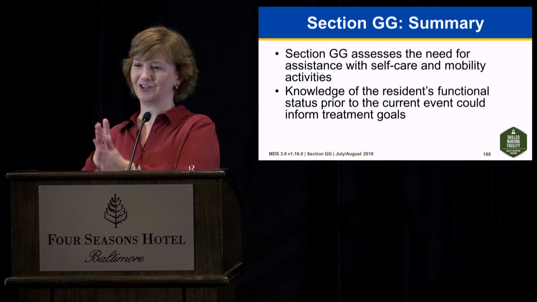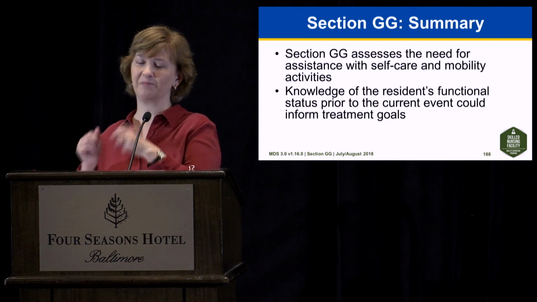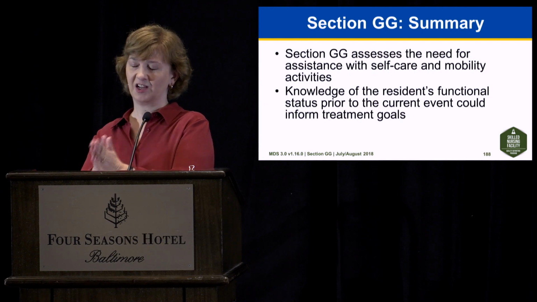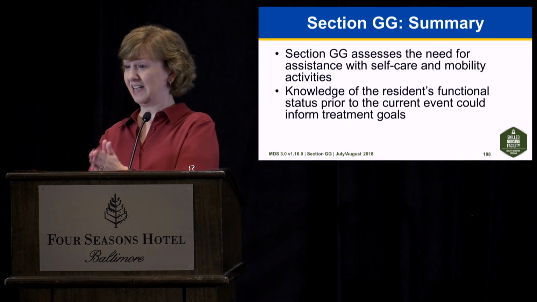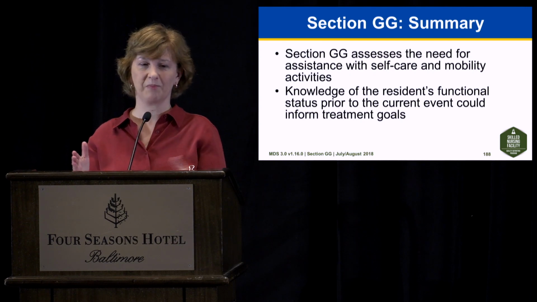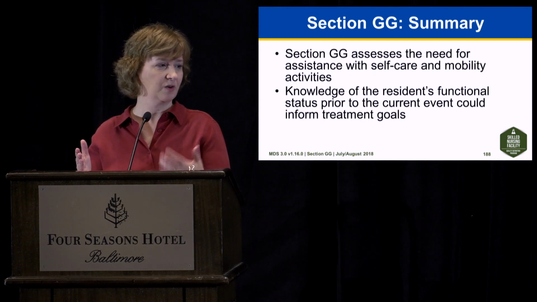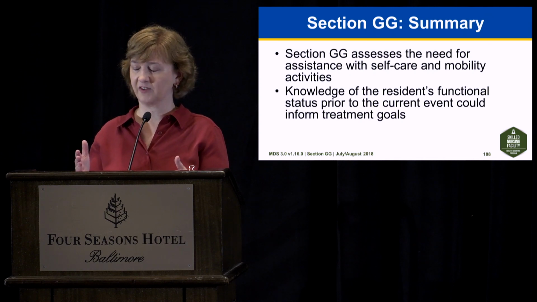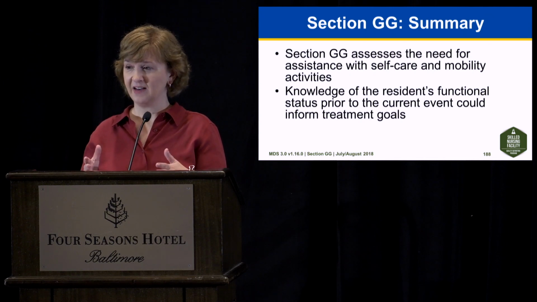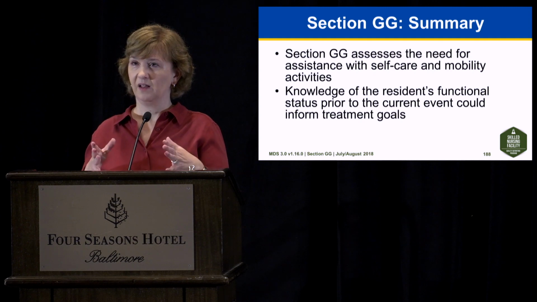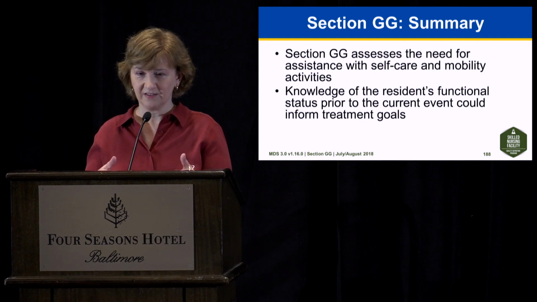So the exacerbation, I think there's a little bit more clinical judgment, but the intent is to document that the person had functional limitations perhaps beforehand due to a prior illness or injury or some kind of chronic or progressive condition. As I said, we use those data to risk adjust.